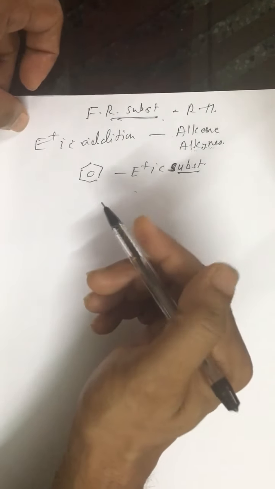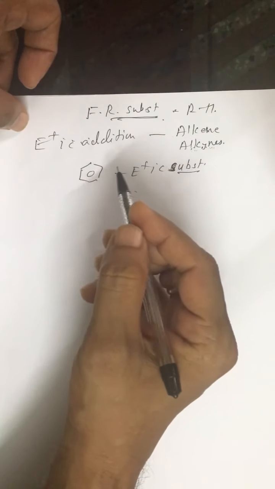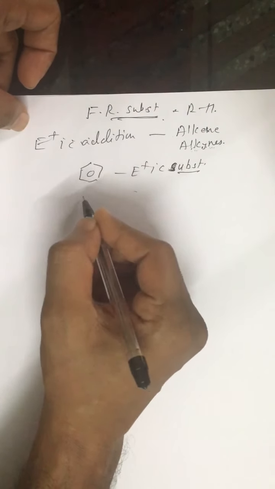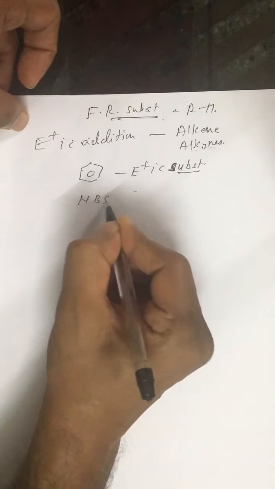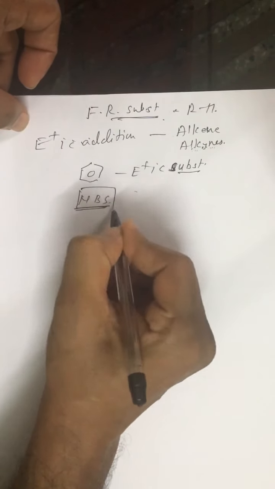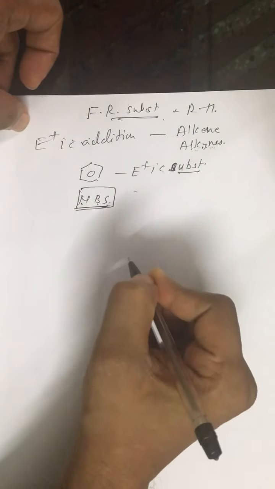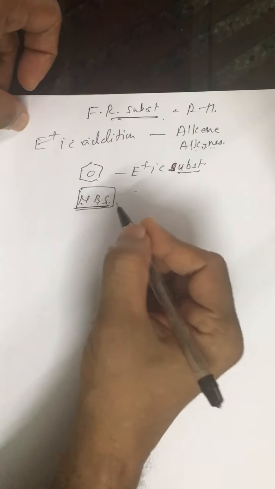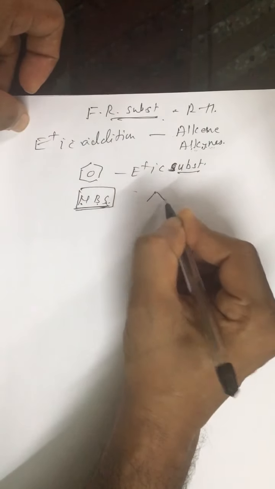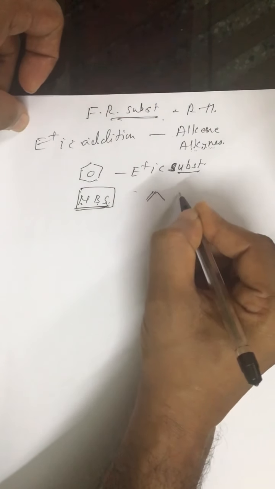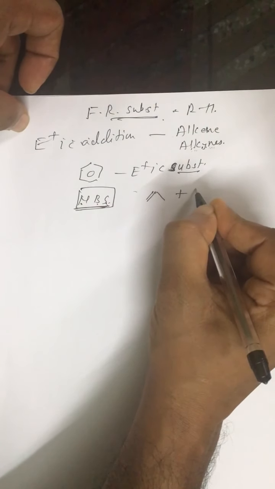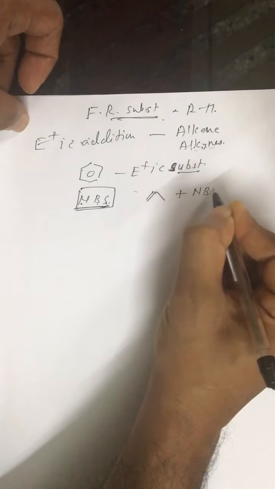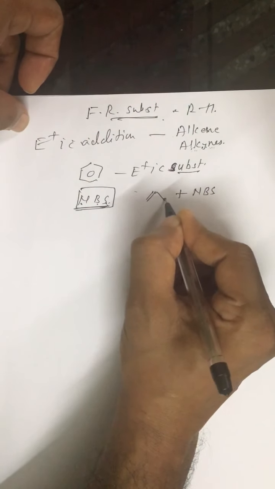All right. And there is another reagent, that is NBS. You must know about this reagent also, that is N-bromosuccinimide. The function of this reagent is allylic bromination. That means if we have this kind of compound, if it is treated with NBS, this carbon is called allylic carbon.